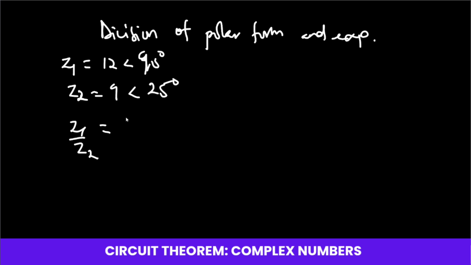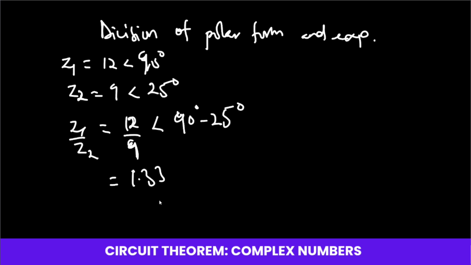All I need to do is to divide my magnitudes and find the difference between my angles. So what do we have here? We have 1.33 angle 65 degrees.